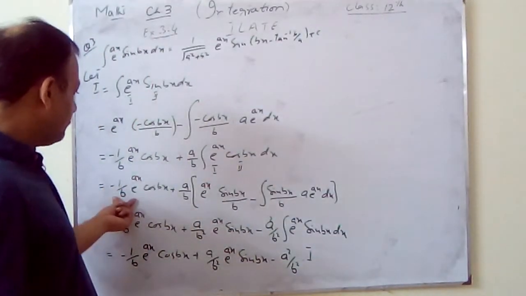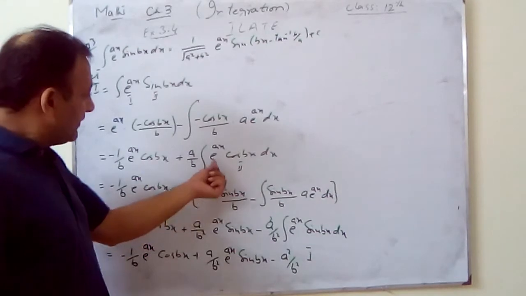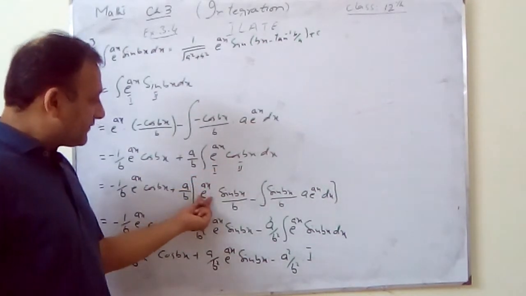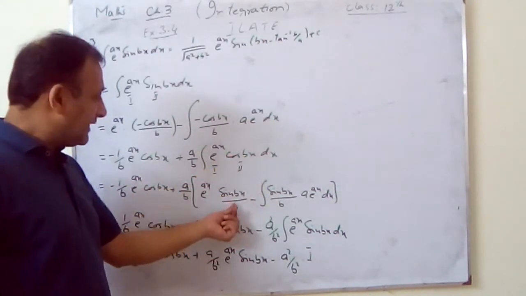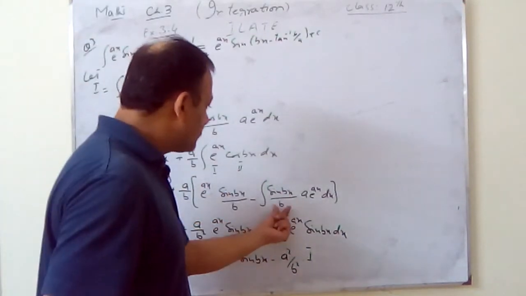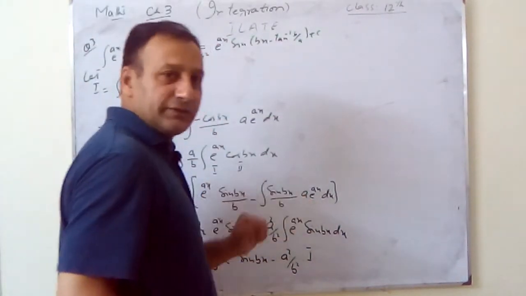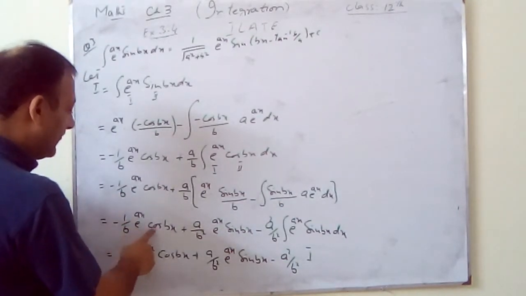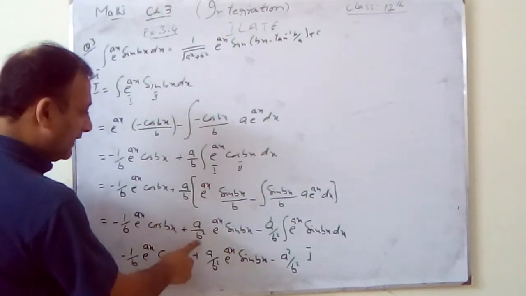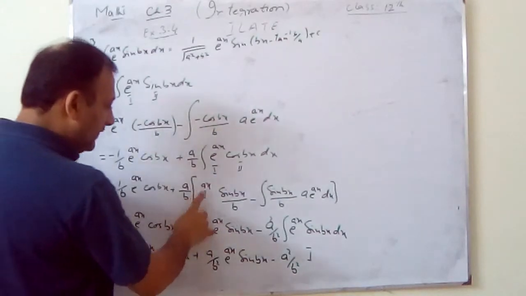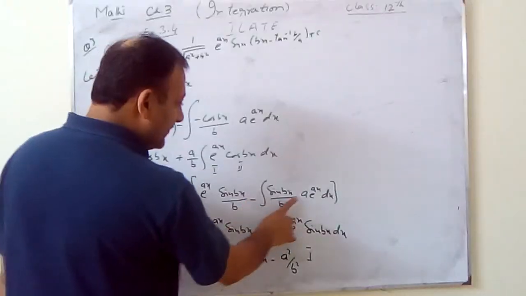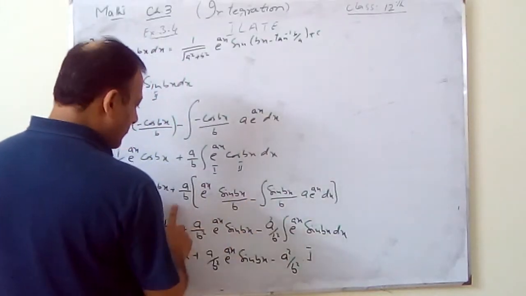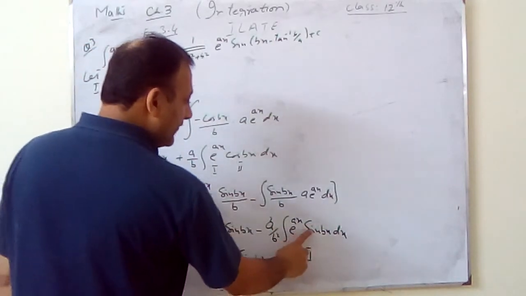Again first function, second function, same rule. Minus 1 over b e power ax cos bx plus a over b square e power ax sin bx minus a square over b square integral of e power ax sin bx.